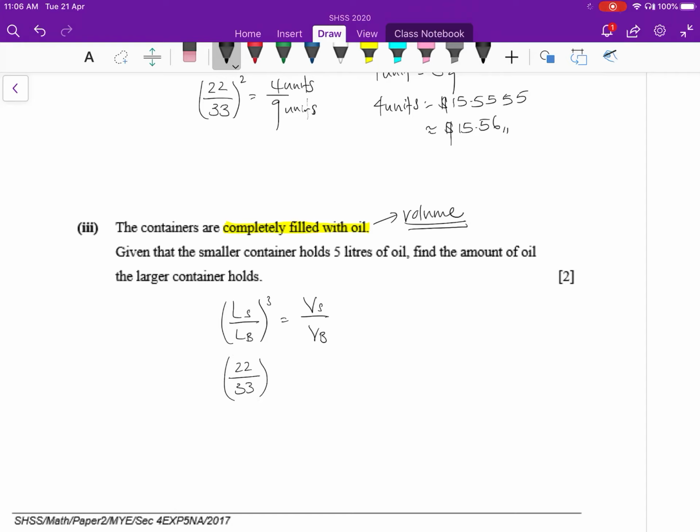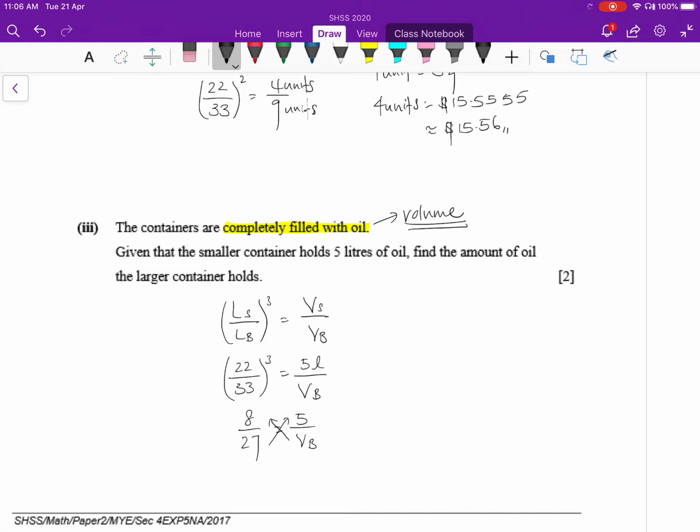22 over 33, I'm going to cube it. And it will give us the volume of the small one is 5 liters. I need to find the volume of the big one. 22 over 33, I'm going to cube. I'll get 8 over 27 equals to 5 over volume of big.